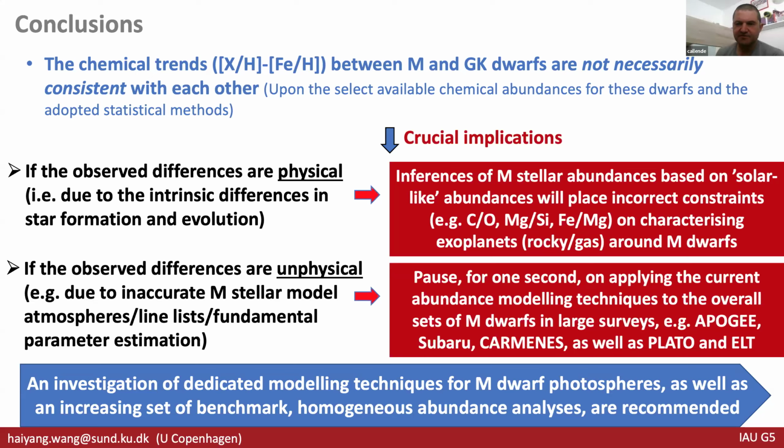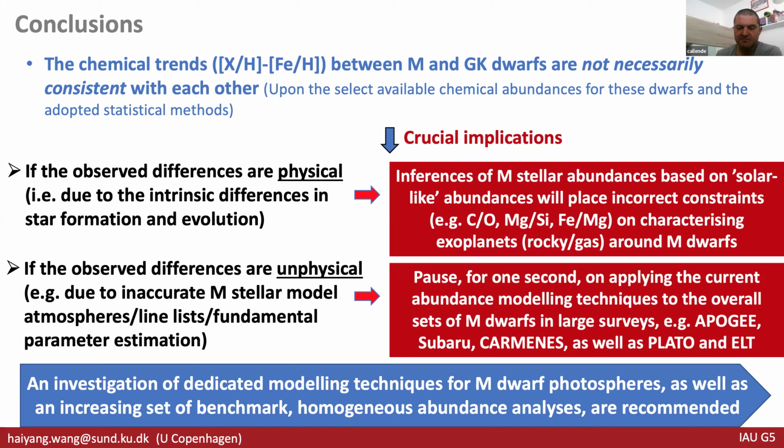Just along the lines of what you just mentioned, Haiyang, that there could be variations with temperature. When one worries about systematics in the case of M-dwarfs, they will be associated mainly with the presence of molecules and convection.